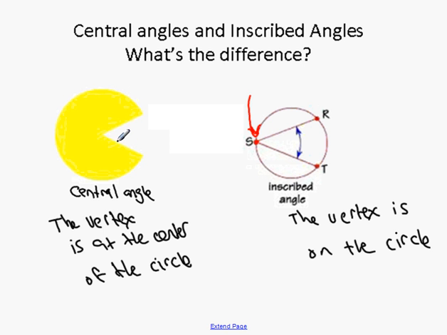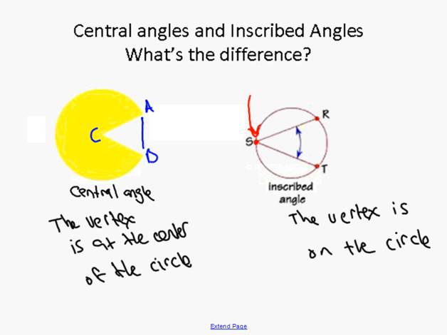In a central angle, the intercepting arc, so let me give these points some names and I'll tell you what I mean by arc. Okay, so angle C is a central angle, and the measure of the central angle is equal to the intercepting arc.